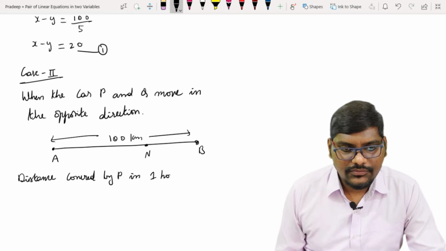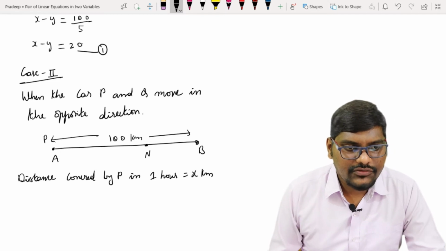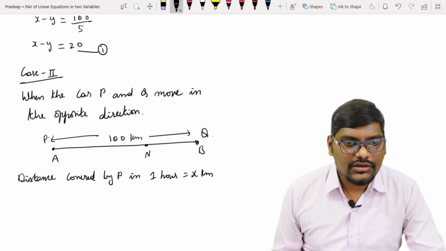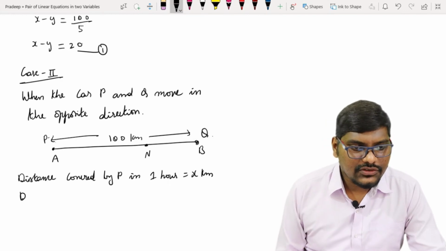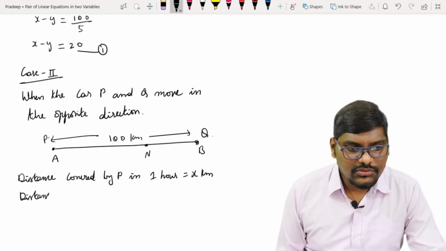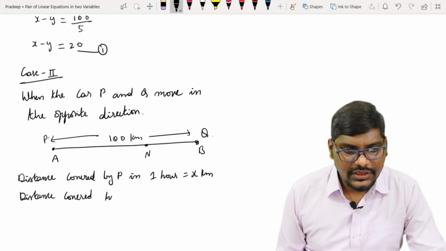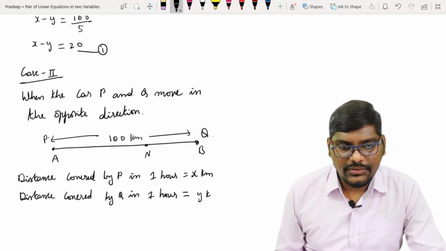In 1 hour, that is x kilometer. So here P is there, right? The distance covered by P in 1 hour is x kilometer. In the same way, distance covered by Q is how much? That will be y, right? In 1 hour it is y kilometers.